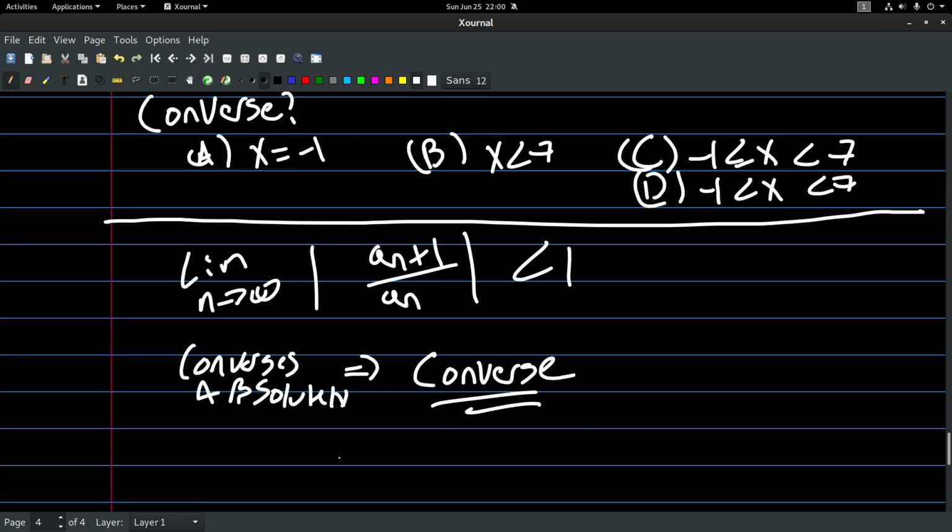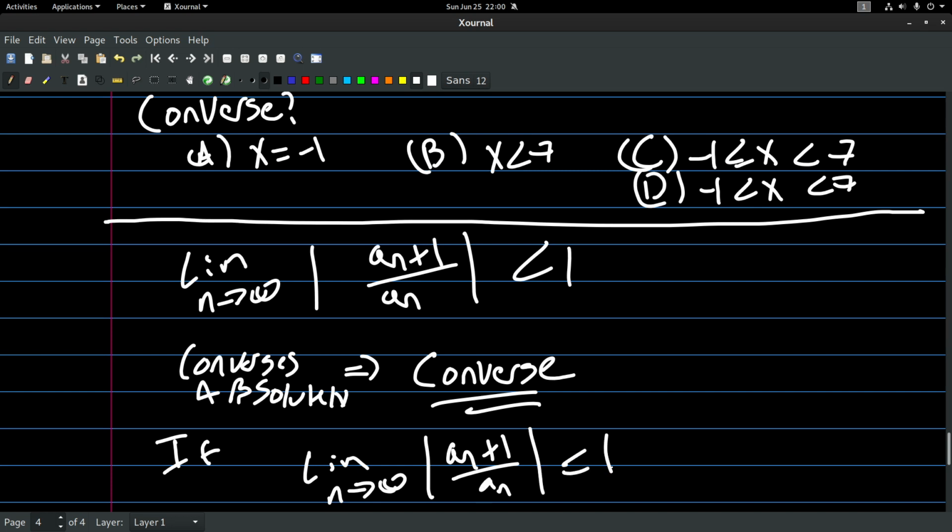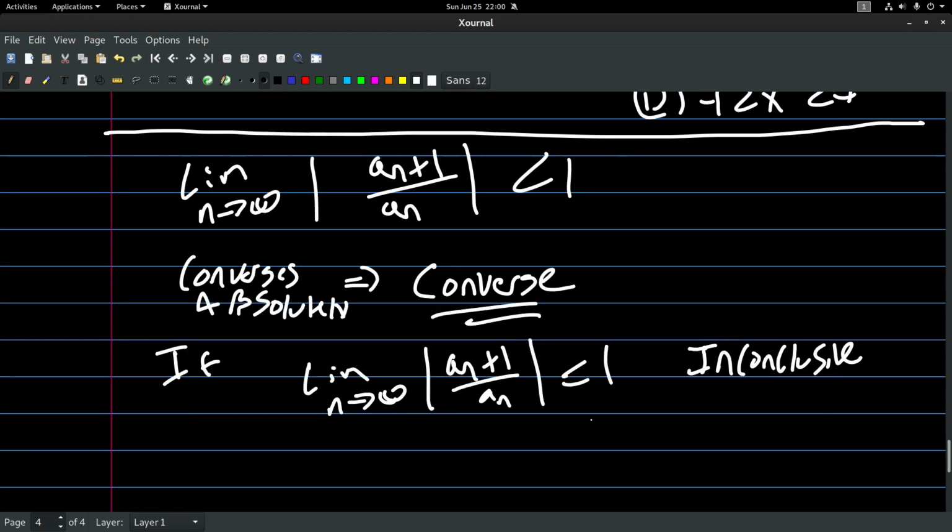If the limit as n goes to infinity of a_(n+1) over a_n equals 1, then it's inconclusive. If it's greater than 1, it diverges.